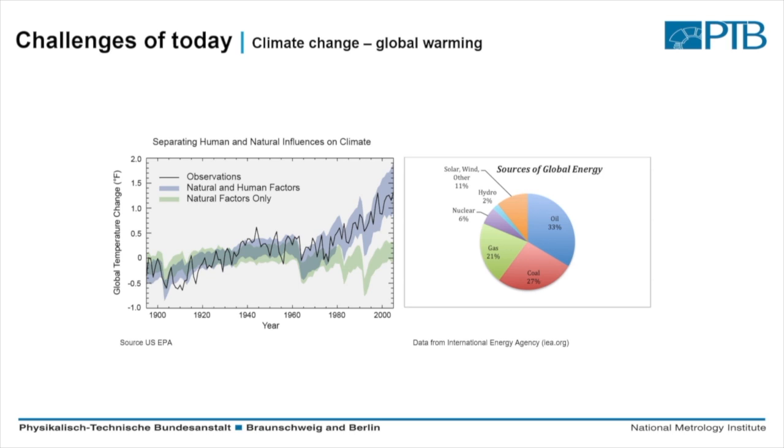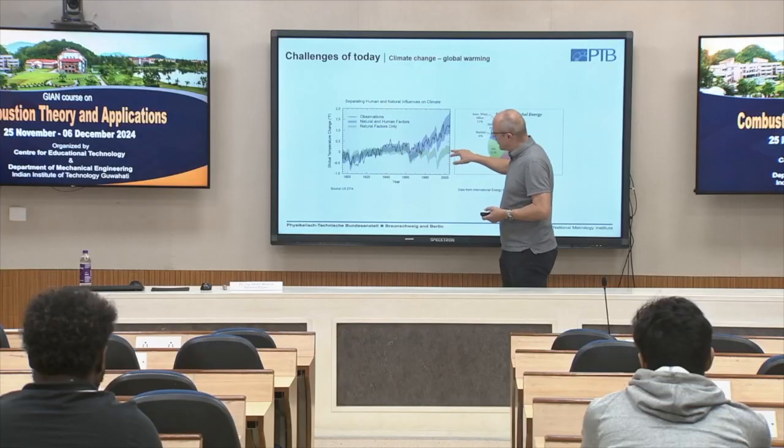We of course have this effect of global warming. Here we see the influence of natural and human factors on global warming. And I said in one of the previous lectures that we have had ice ages and hot periods on Earth before, but this is the green line.